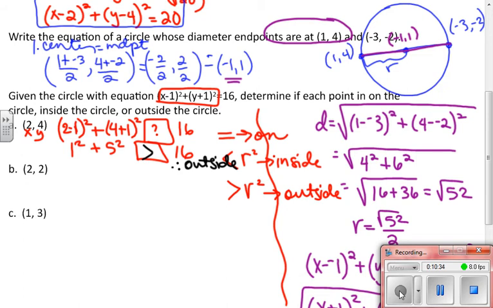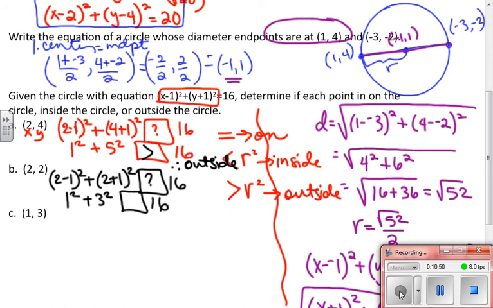If I go through the same thing with (2, 2), and say 2 minus 1, the quantity squared, plus 2 plus 1, quantity squared, how does that relate to 16? I would end up with 1 squared plus 3 squared, and 16. And again, clearly this side, 1 plus 9, is going to be less than. This one is going to fall short and be inside of the circle.